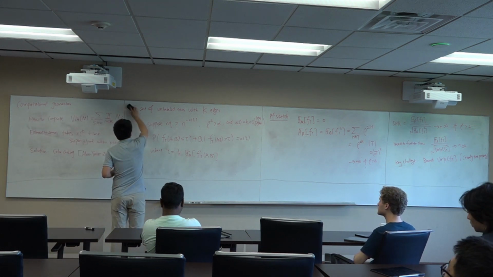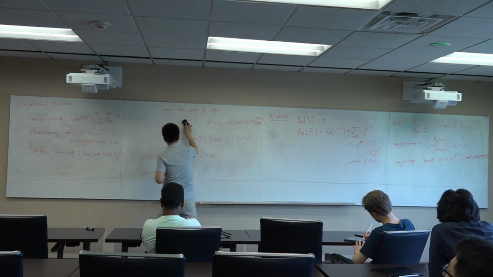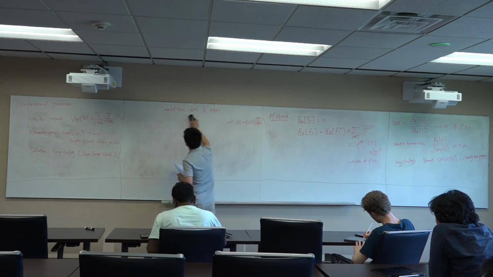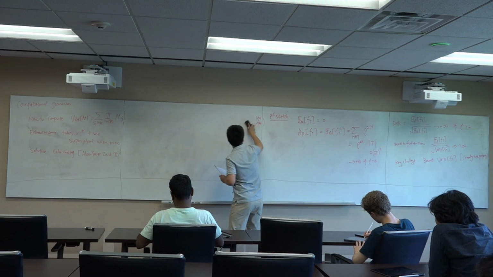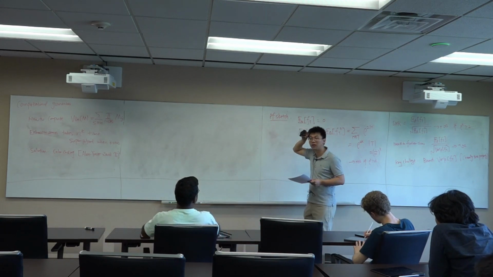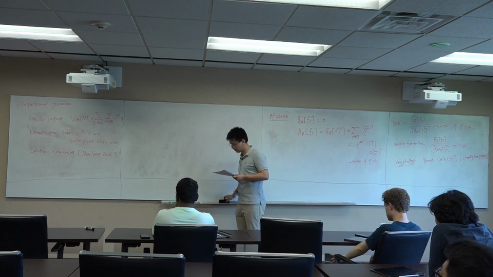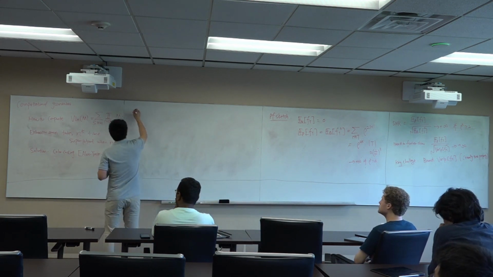Let me briefly explain the idea. This is something that is needed if you want to do this low degree polynomial stuff, because at the end of the day the degree will be large, so you need some technique to be able to compute this. Okay, so basically the idea is the following in this case.